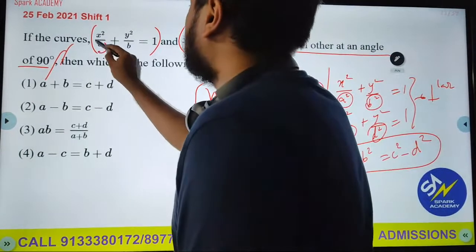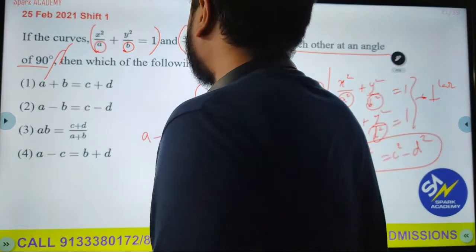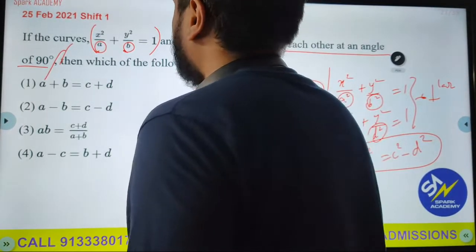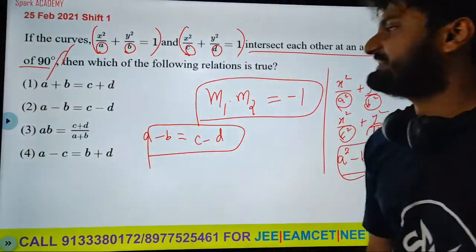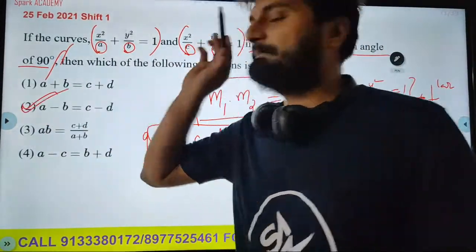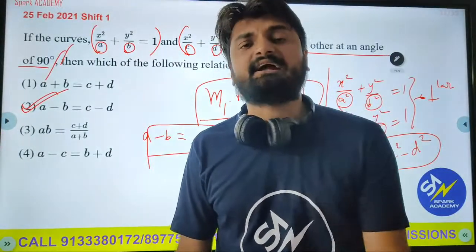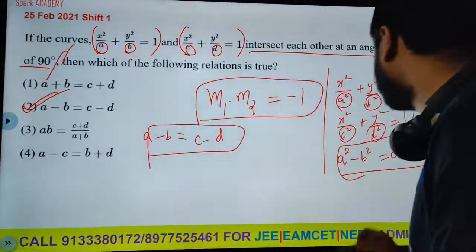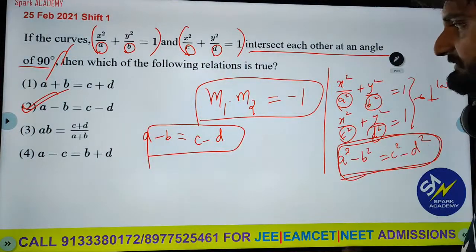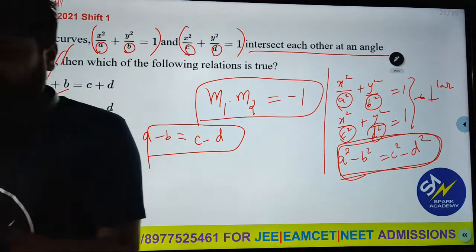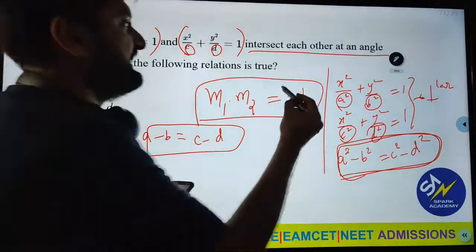So basically you need to subtract the denominators and equate. So a minus b equal to c minus d, which will be the second option. This is a great trick which you can use to get the final answer. I hope this is clear to everyone. So this is that trick.